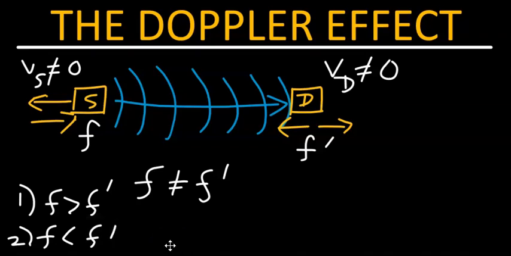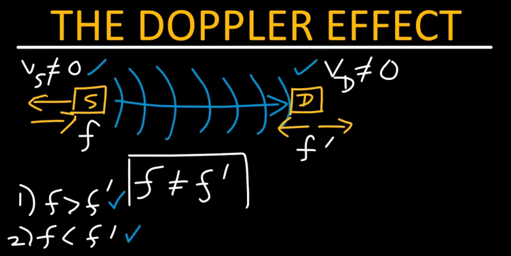Whether a particular case is associated with case 1 or case 2 is completely dependent on the nature of the movements of the source and the detector. The important point is when there are such movements, there will be a shift or change in the observed frequency. That is the essence of the Doppler effect.